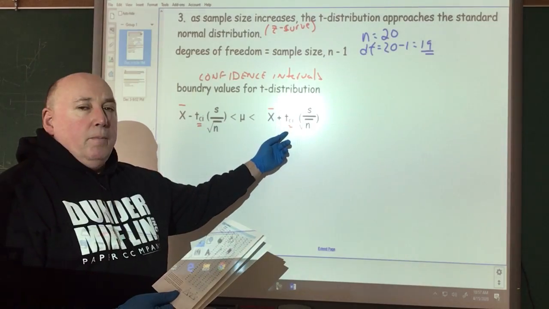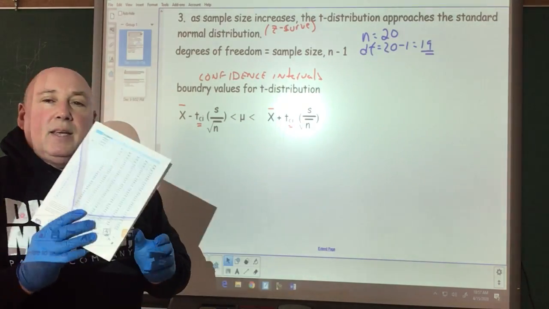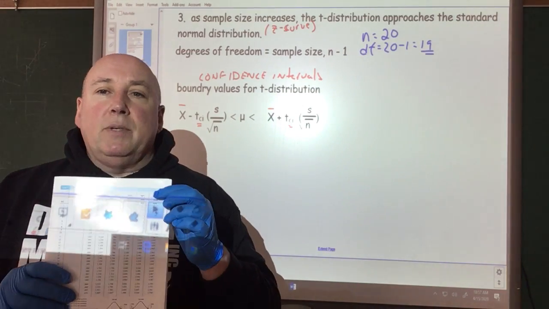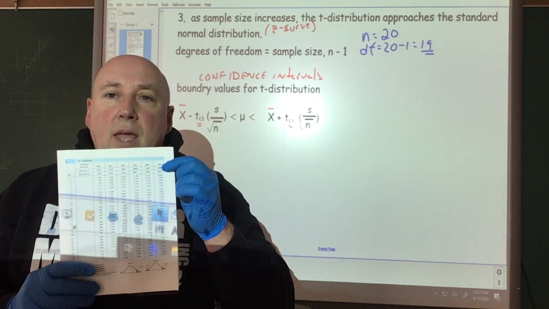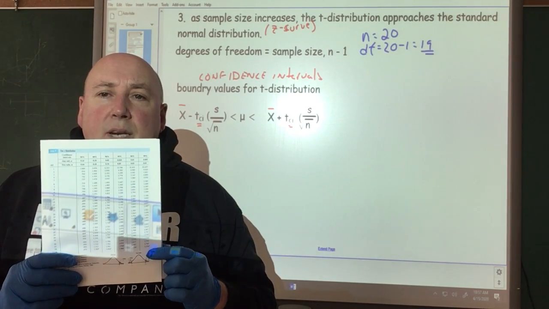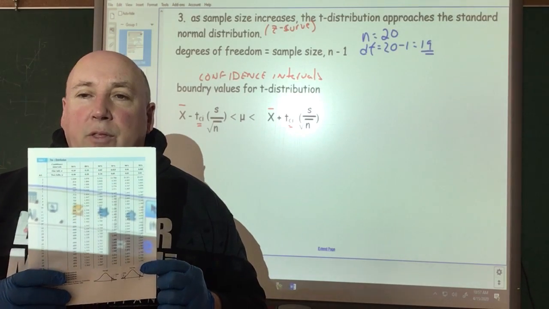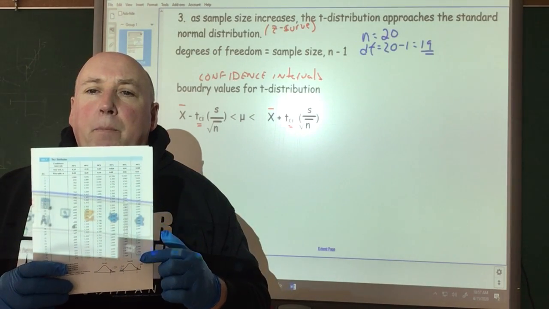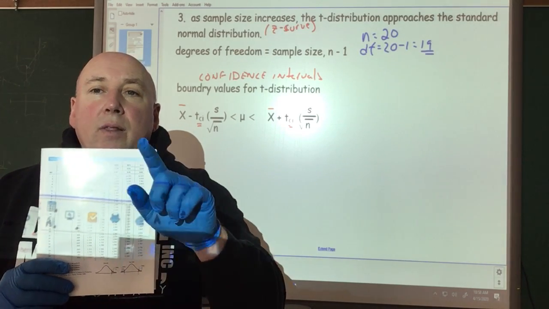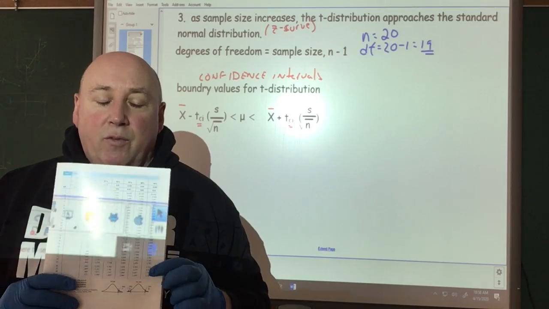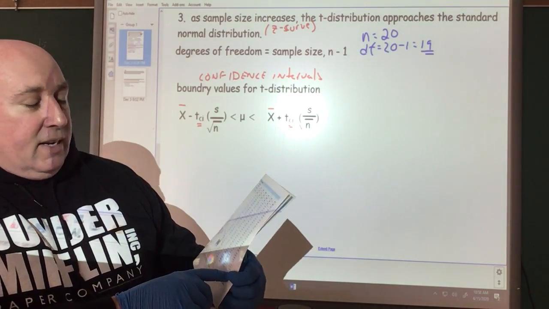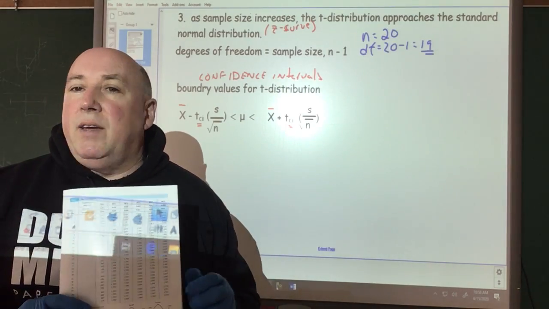The nice thing about this table is if I look at the 99% confidence interval, and suppose my degree of freedom is more than 30, then if I go to the bottom of this table, what does it say there? Well, it says that's my z-value. So if I go to my z-value, I got 2.576, which we use 2.58, that's fine.